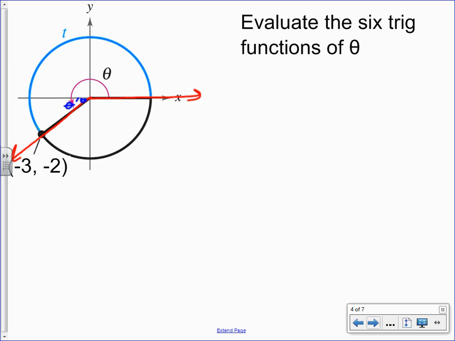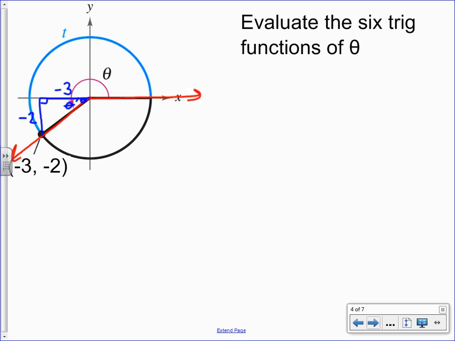Okay. And when we were talking about reference angles yesterday, I said the point of a reference angle is so that we could draw a reference triangle. What are the sides of this reference triangle? How long is this side? Okay. And how long is this side?